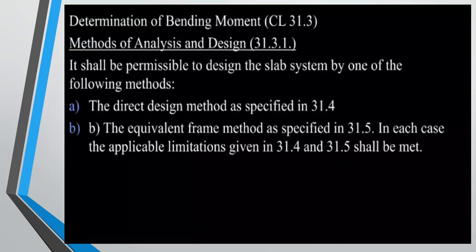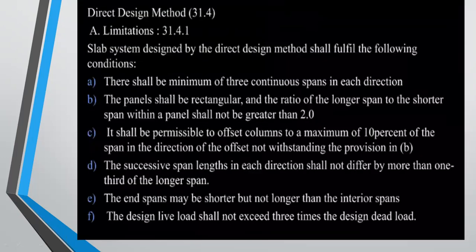So for bending moment and analysis method, we use either the direct design method or the equivalent frame method for slab. The direct design method has some limitations, and the limitations are listed below. Okay, in limitations, a minimum of 3 continuous spans can be adopted. The panel shall be rectangular and the ratio of longer to shorter span shall not be greater than 2.